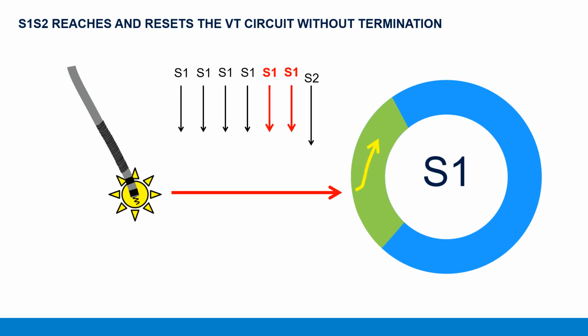The next 2 S1s were able to penetrate the excitable gap and launch new wavefronts, entraining the circuit for those 2 beats. But the S2 beat hit the excitable gap a little too far back to hit refractory tissue in the forward direction, and it also entrained the tachycardia, launching another wavefront, accelerating it but not terminating it.